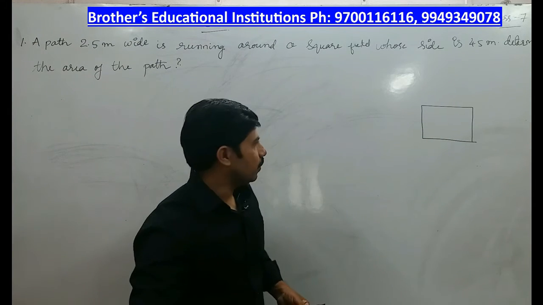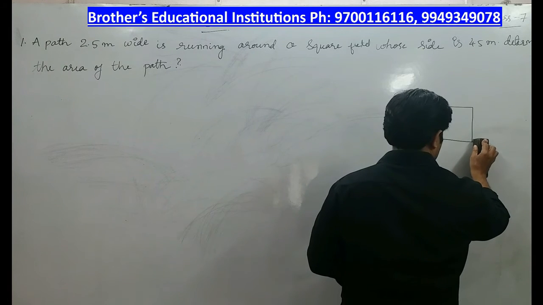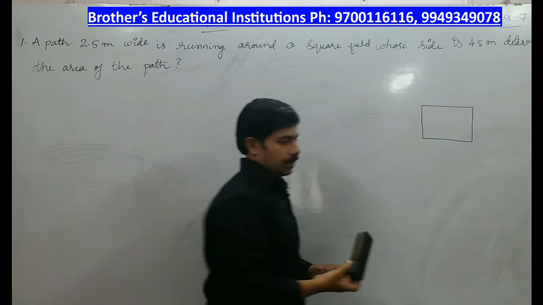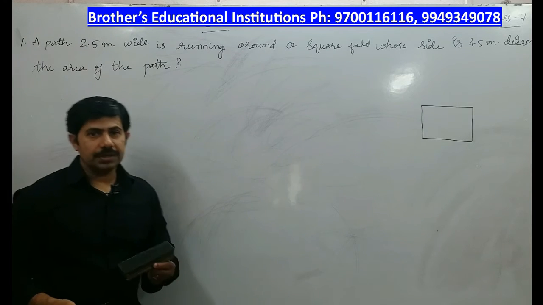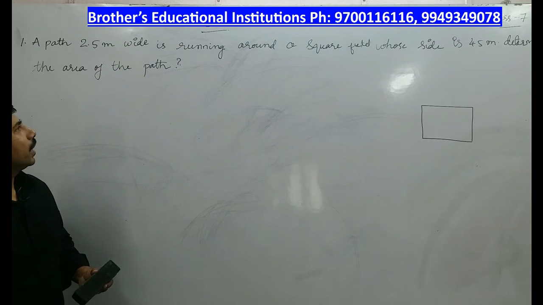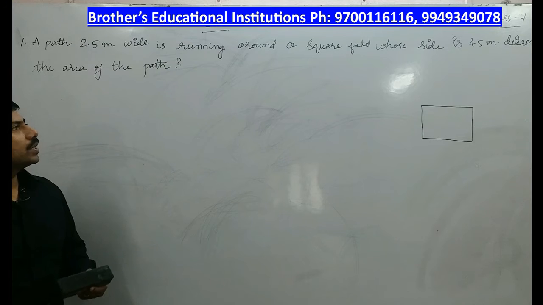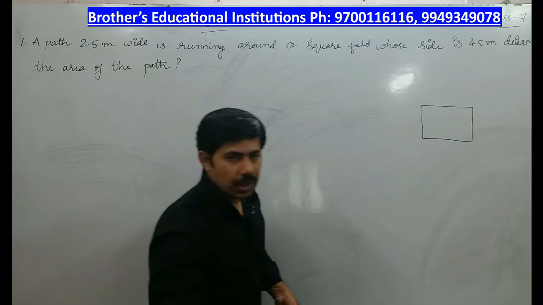Now this is a square field. We have a path 2.5 meters wide running around the square field.